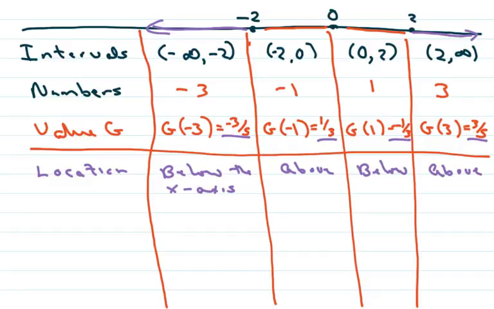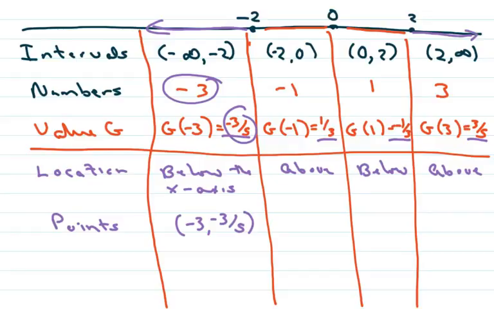You're going to write your points down. That means your x and your y. We get (-3, -3/5), (-1, 1/3), (1, -1/3), and (3, 3/5). And then we can graph this.